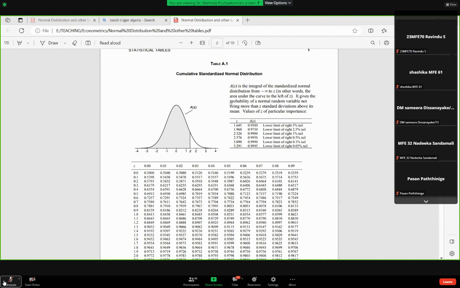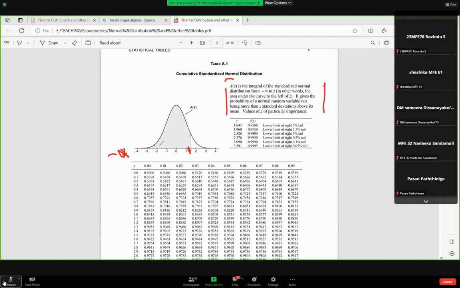Okay, this is the Z distribution table which you can use to calculate probabilities. Now you can see the given information. A(z) is the integral of the standardized normal distribution from minus infinity to z.